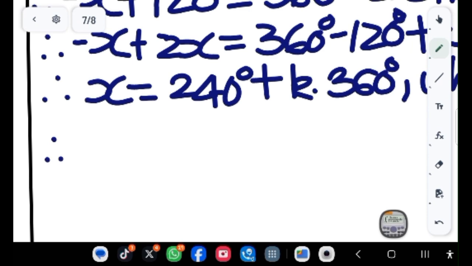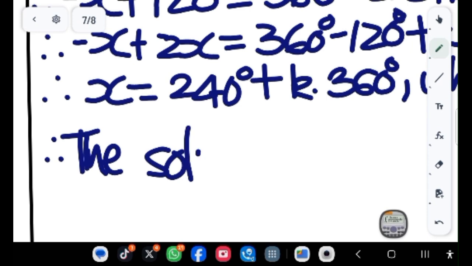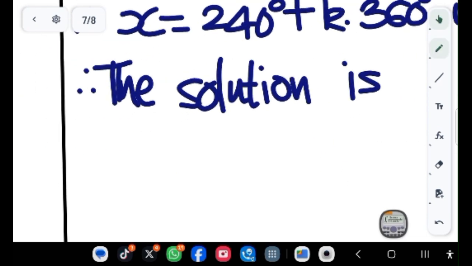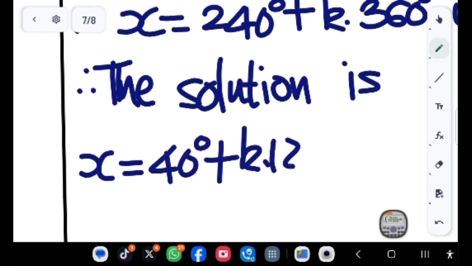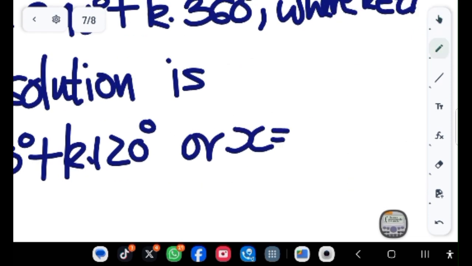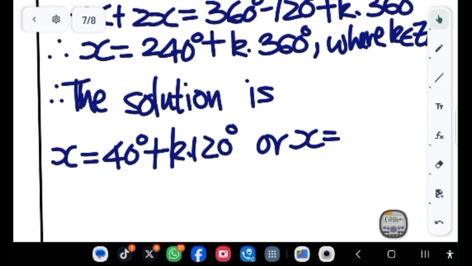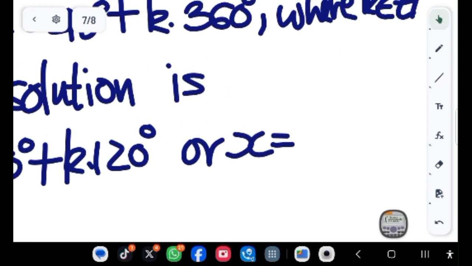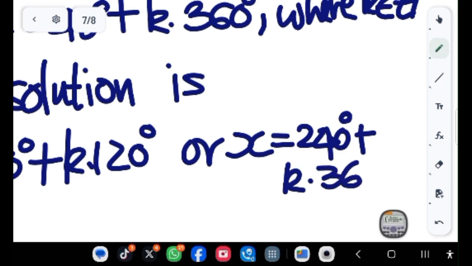All right, therefore, now the final solution. The solution is x equals 40 degrees plus k times 120 degrees, or x equals 240 degrees plus k times 360 degrees.